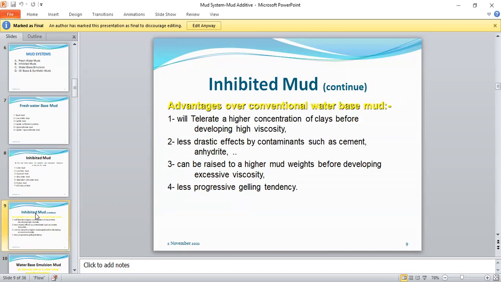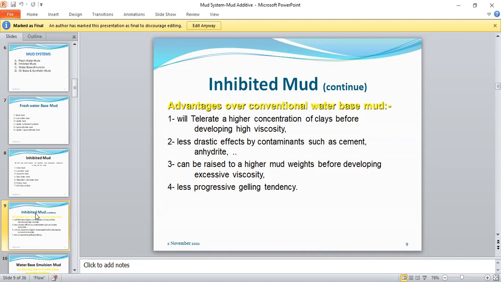Inhibited mud systems have advantages over conventional water-based systems. They will tolerate a higher concentration of clay before developing high viscosity.